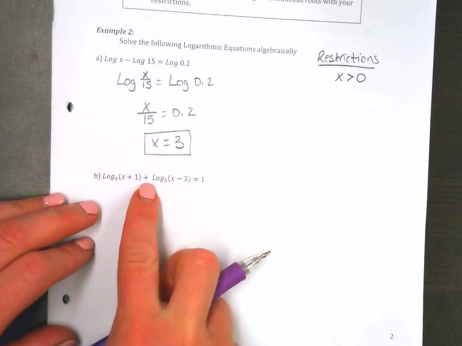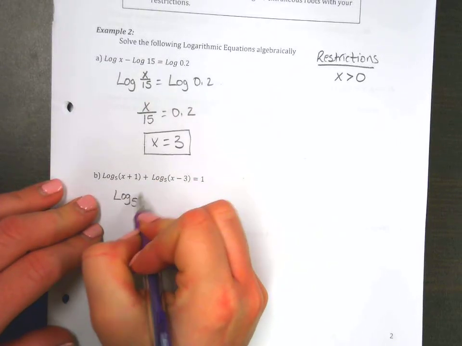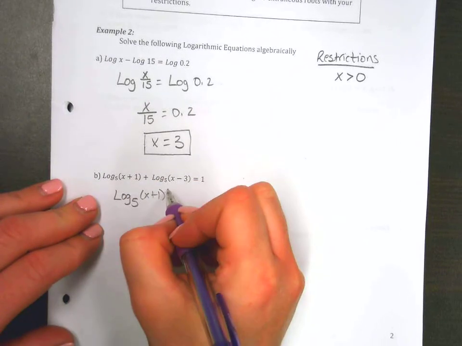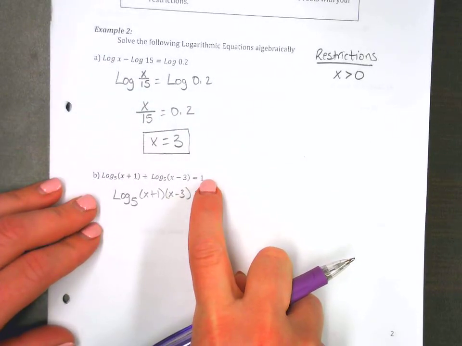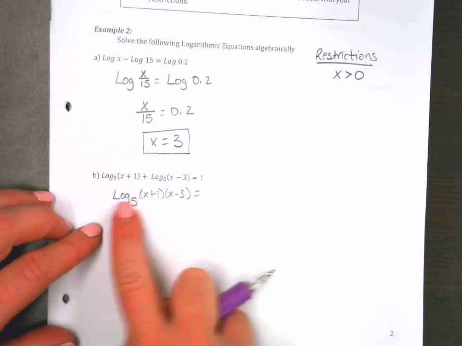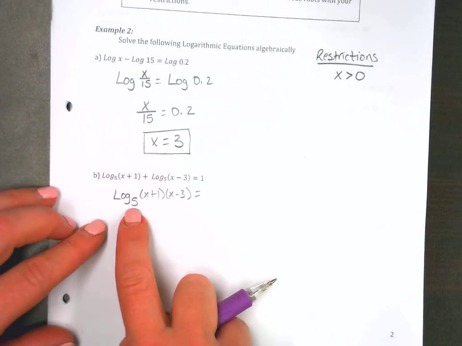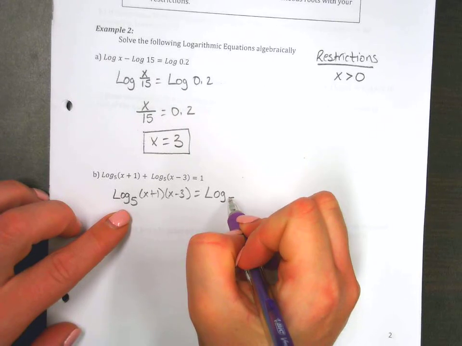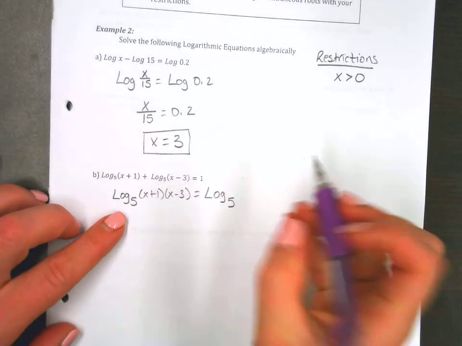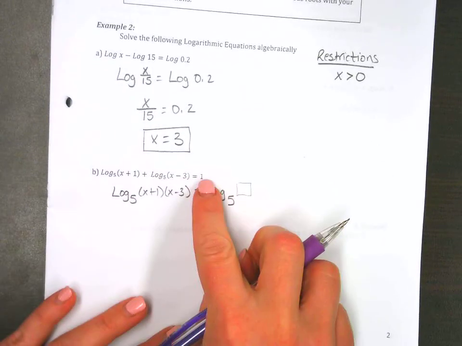On the right side, this equates to 1, but in order to ignore my logarithms, I have to write this as a single logarithm, but I want to write it in a base of 5. So if I wrote this as a log base 5, recognize that whatever something evaluates to in terms of a logarithm, the value that it evaluates to represents your exponent on your base.